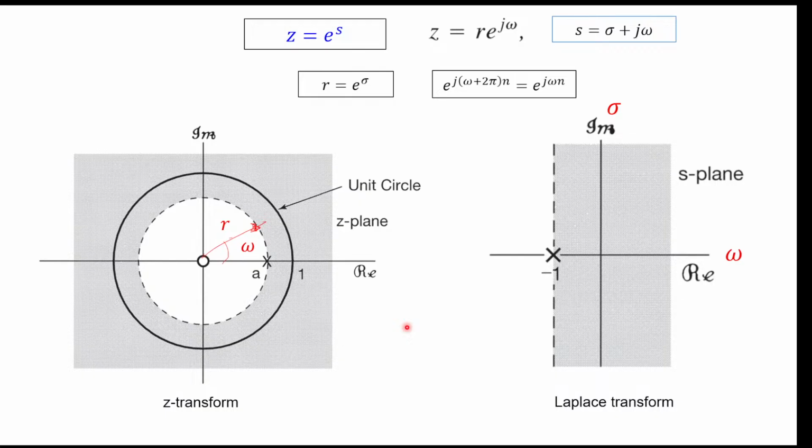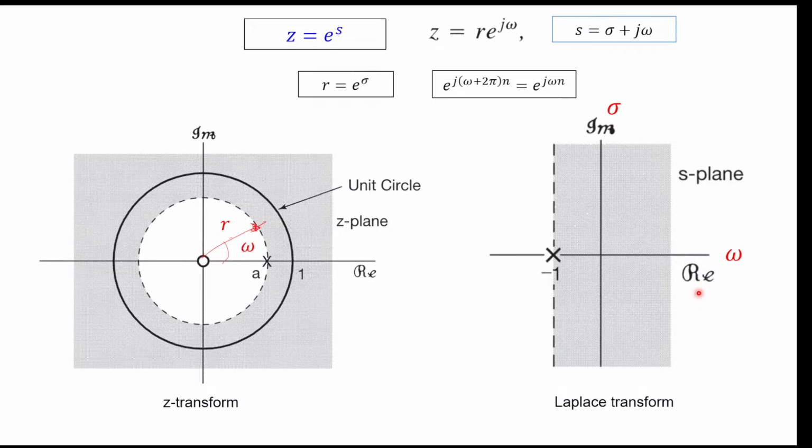This is a picture I showed while I was setting up. Here is a graphical way to show you how to think about the z transform as the Laplace transform. Hopefully this doesn't confuse you too much. Here is what we know about the Laplace transform.